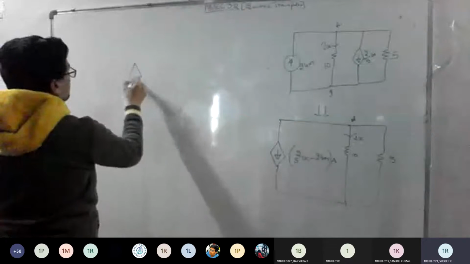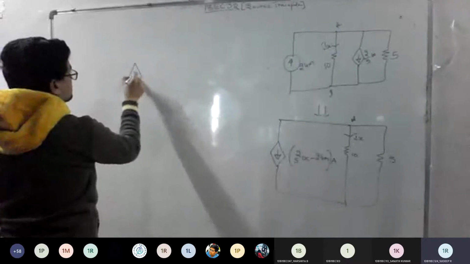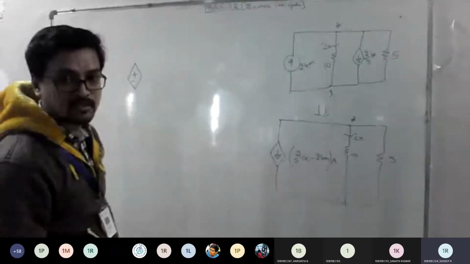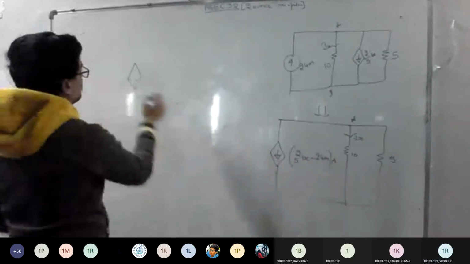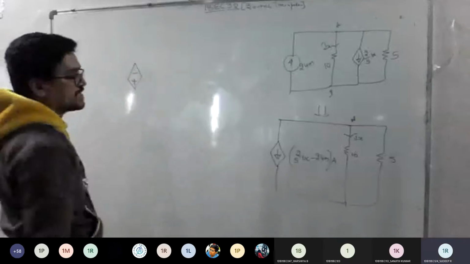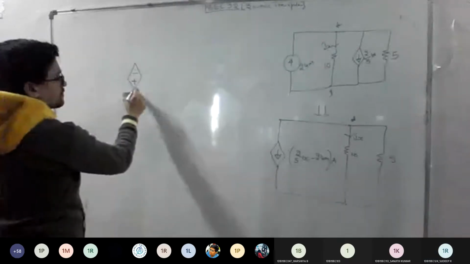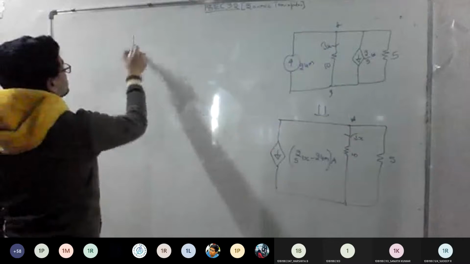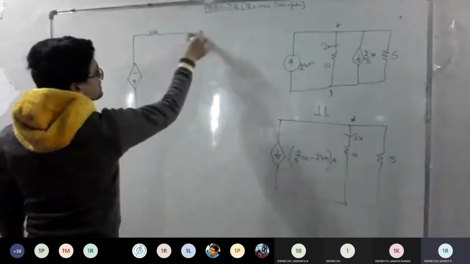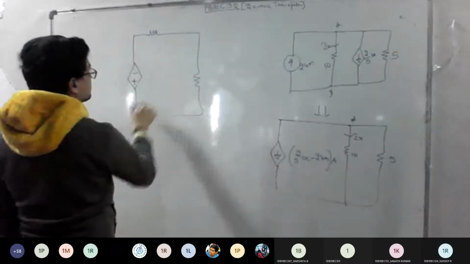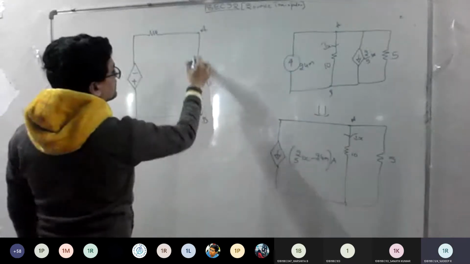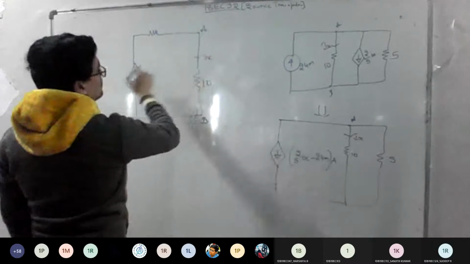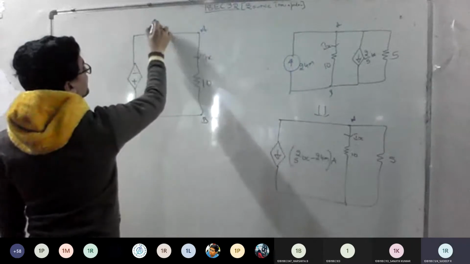The symbol should be a dependent source, plus minus. Look at the direction carefully. For this I can connect the 5 ohm in series and keep the 10 ohm as it is. So this is your A and B, this is 10, this is Ix, and this is your 5.